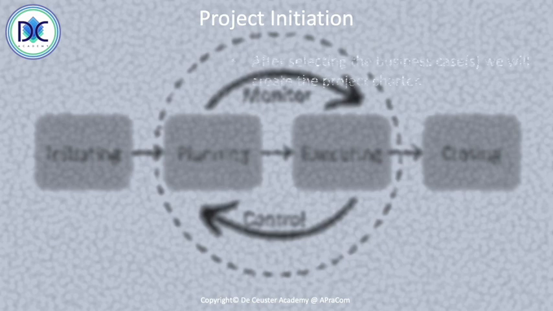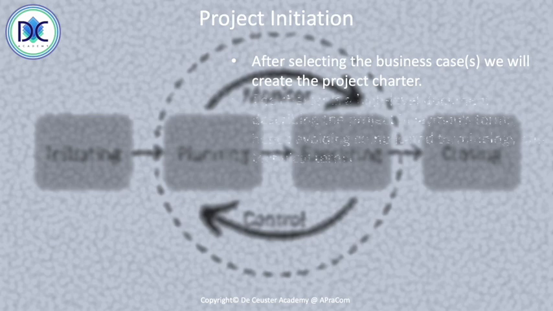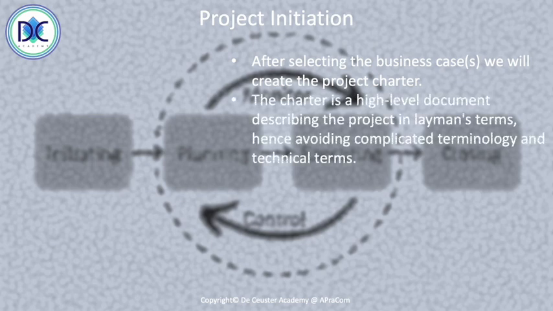Let's first go to project initiation. In project initiation, basically, once we've selected the business case or the different cases that we have, we're going to create the project charter for each project. The charter is a high-level document, and we describe the project in layman's terms.